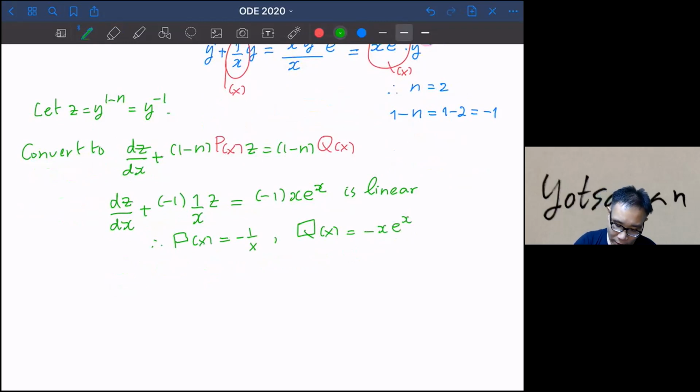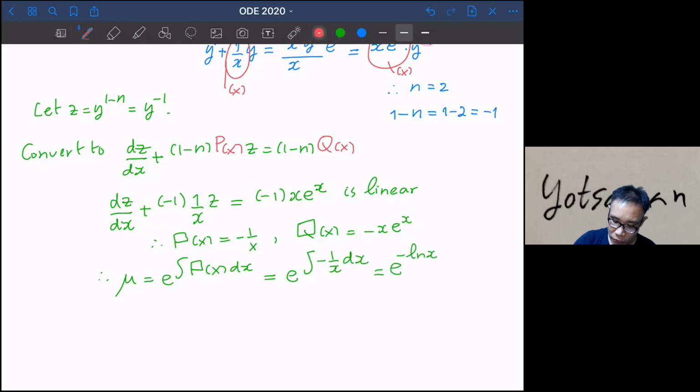So you have mu equal to e to the integral of P(x) dx, equal to e to the integral of negative 1 over x dx. So this will be e to the negative log x.